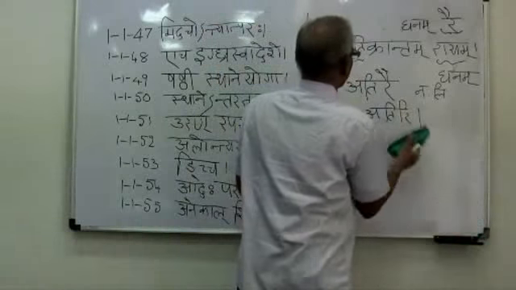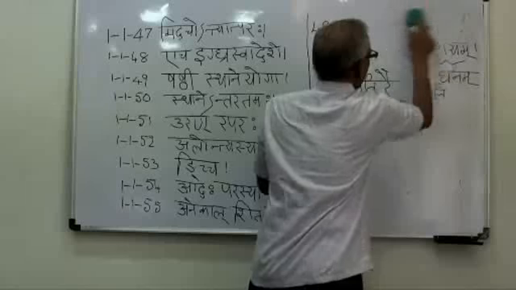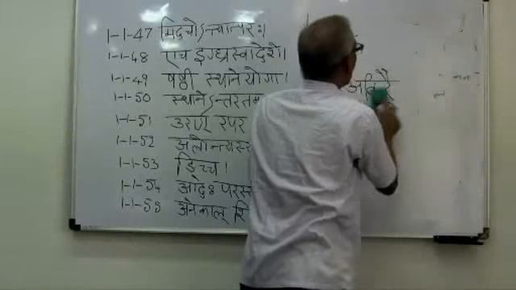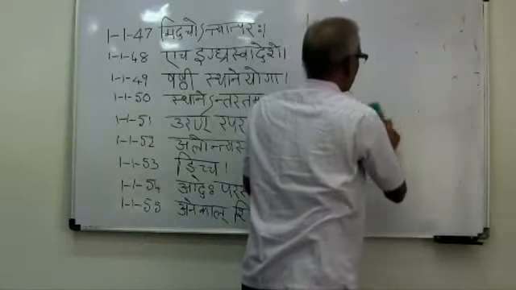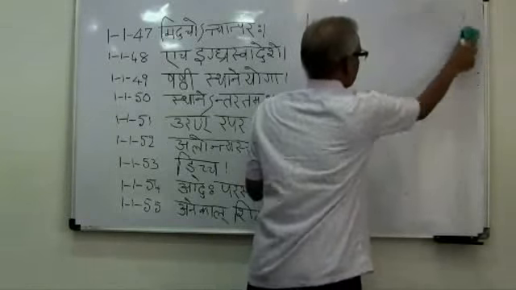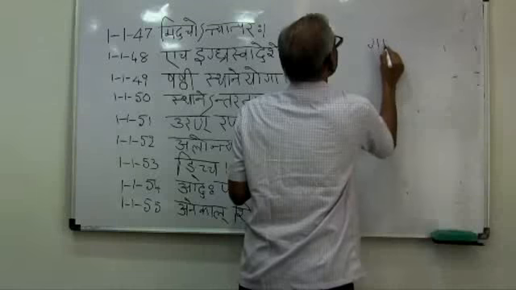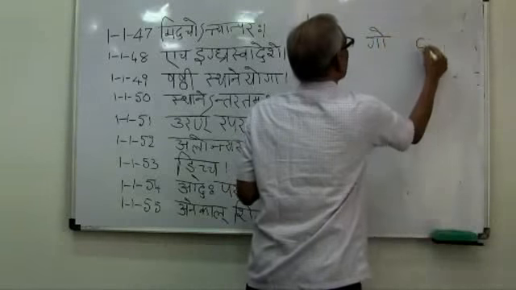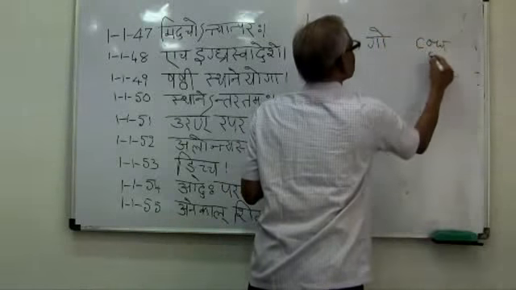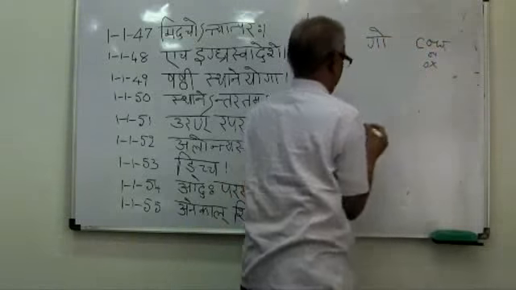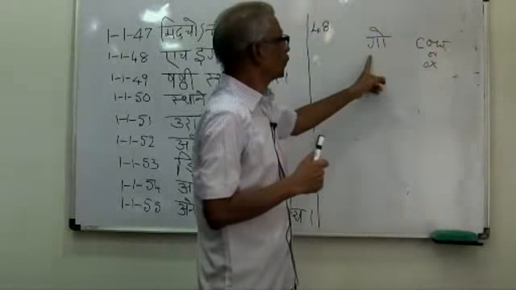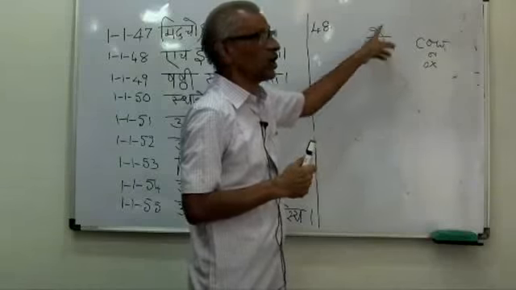Another example we will take. Ekara, aikara we have taken. We will take okara. Okaranta napumsakalinga shabdam we will take. Go. Go means cow or ox. Go shabda. This is okaranta.